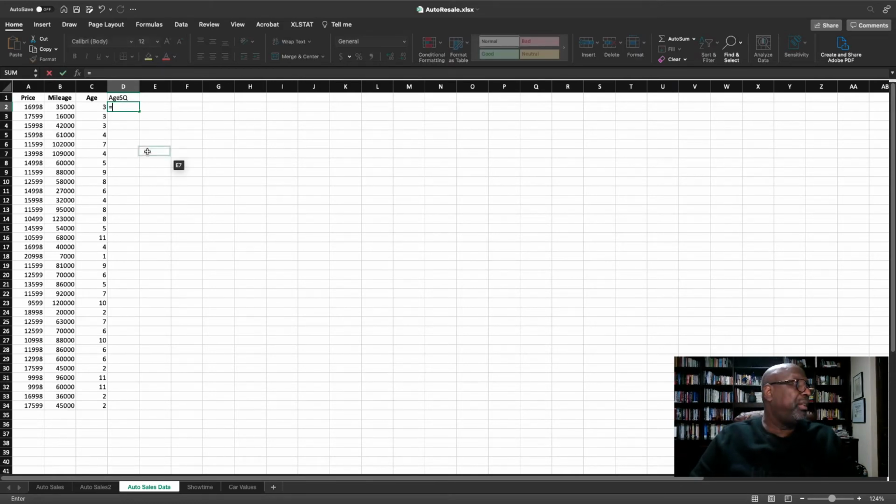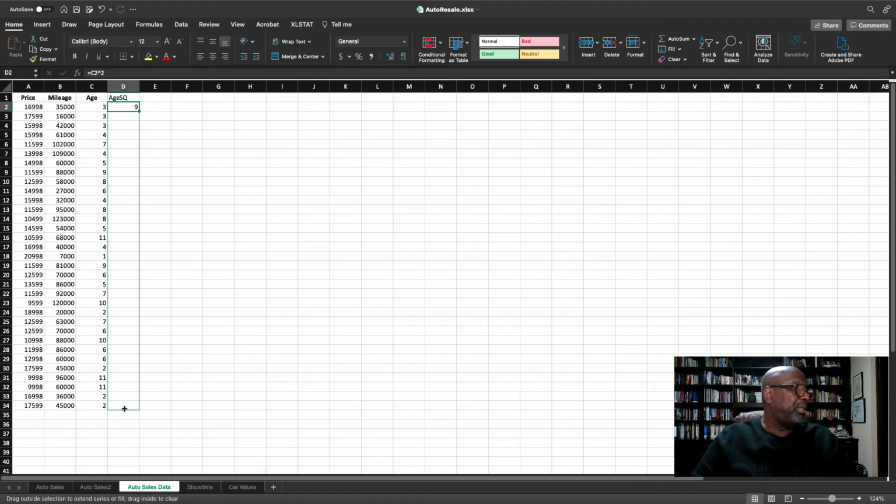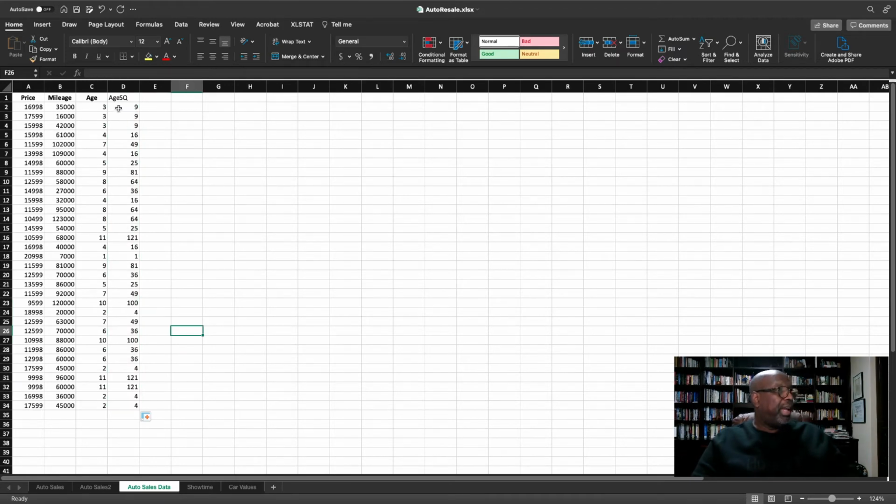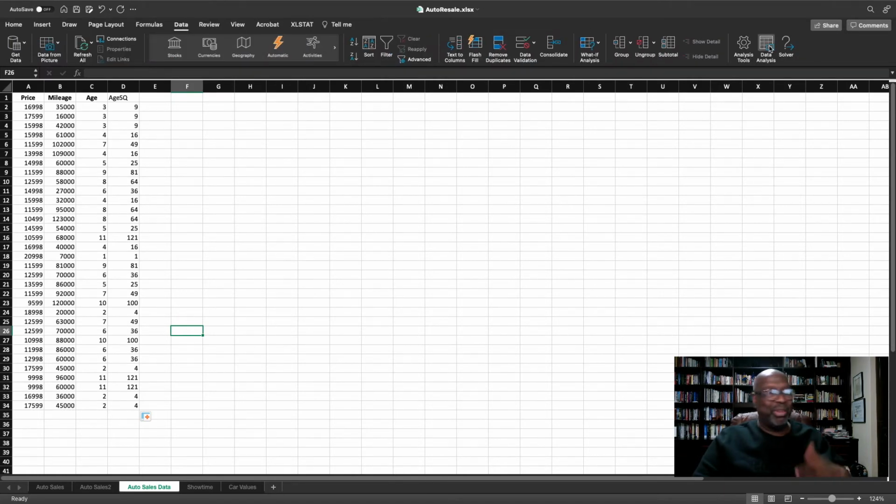And simply square it, generate all the values, and go ahead and add that in and see if we were to do a regression model, what would we end up with? Let me just try it just in case, just to see what happens.